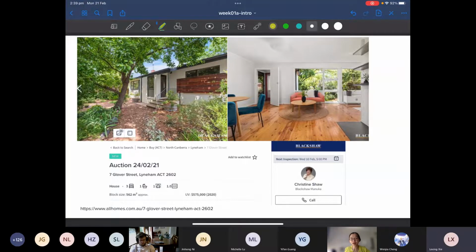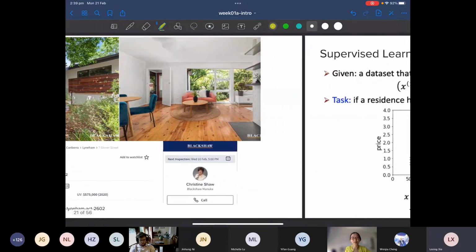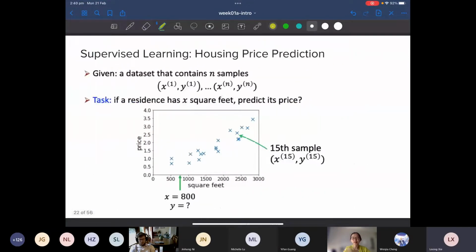If you were on the market, you will want to do it the data scientist way, saying, oh, can I have some estimate of the price so that I can narrow things down, right? So this we can treat as a supervised learning task because in the real estate market, the past transactions are all recorded. They're not publicly available, but there are firms who sell this data.